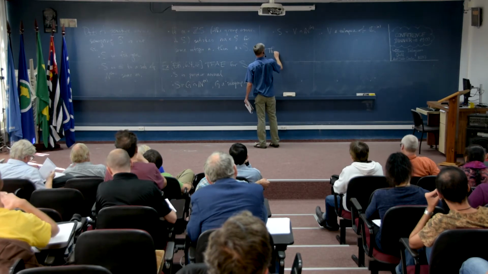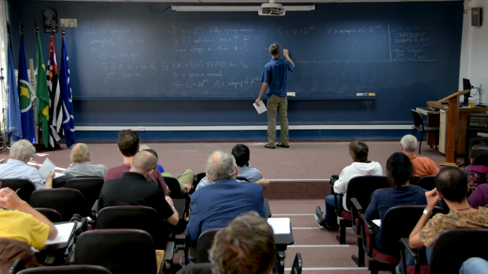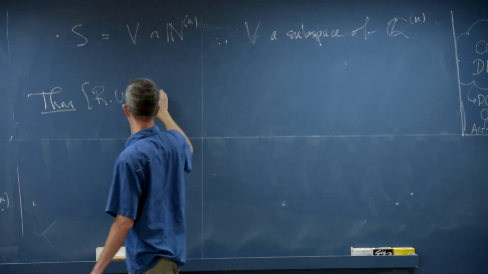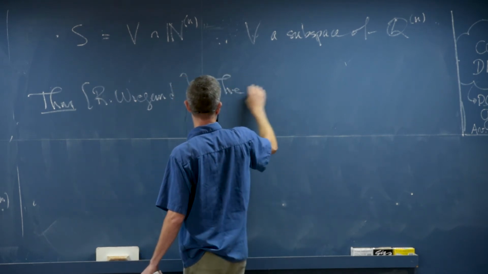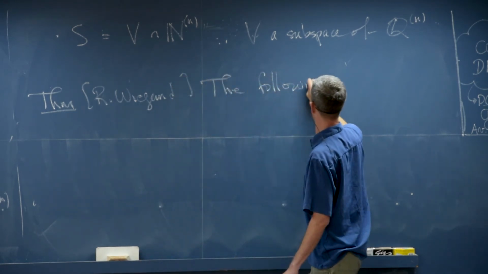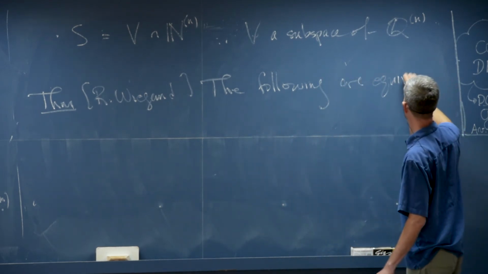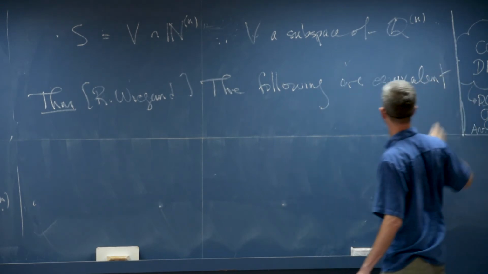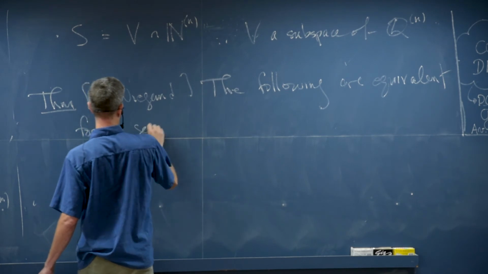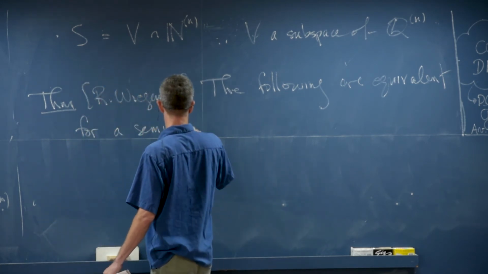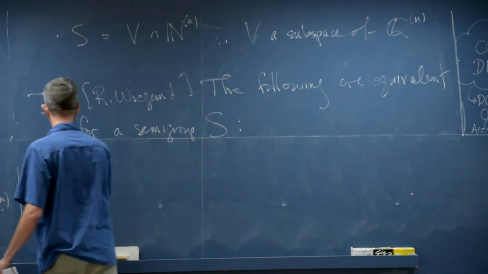And so finally, the last theorem I'll discuss, which follows from the construction, is that the following are equivalent for a semigroup S. First of all, S is positive normal.